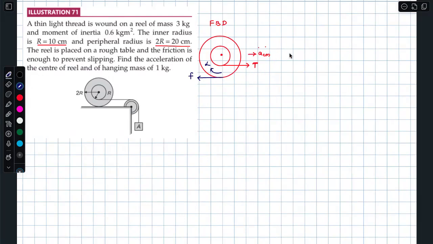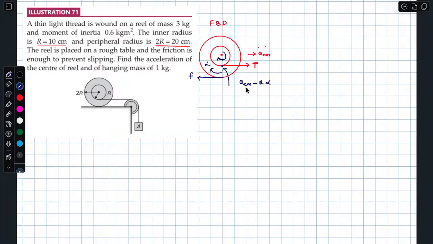And one more important point is, remember this particular string, this point will have two accelerations. One ACM, two R alpha. Agreed?